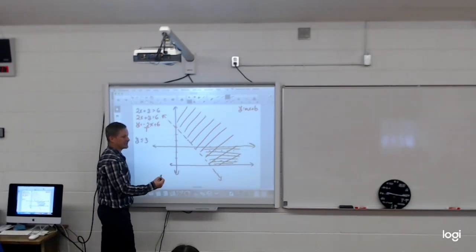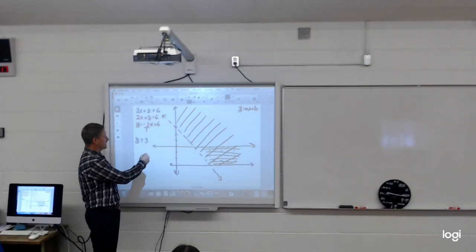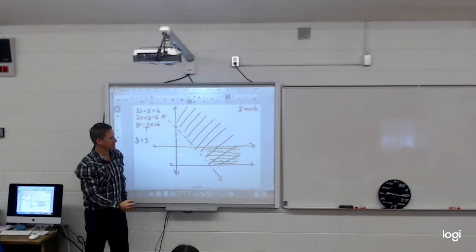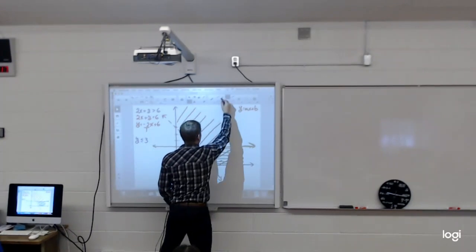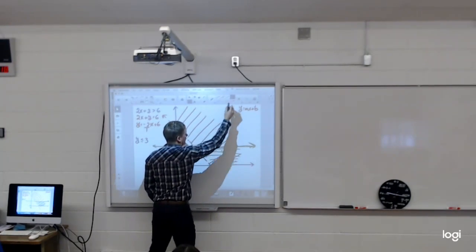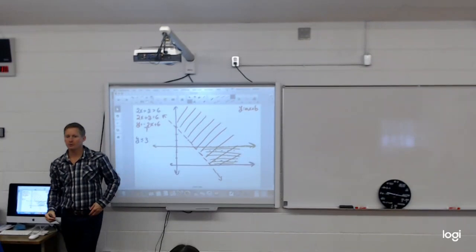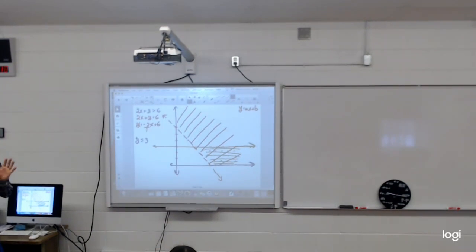I'm going to point this out right now because it's going to become a little bit more important to you as you go. These are called boundary lines. So wherever your shaded region is, this part right here, this part right here, and this part right here, those are all considered boundary lines because they are on the outside of the area that you have shaded.